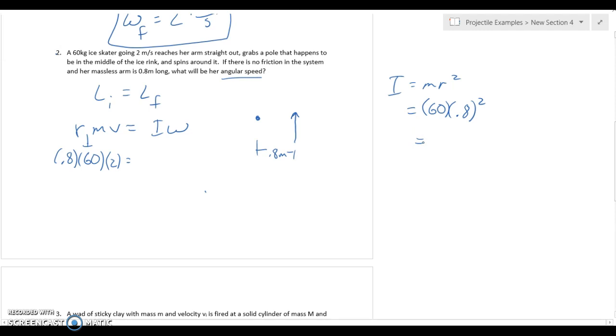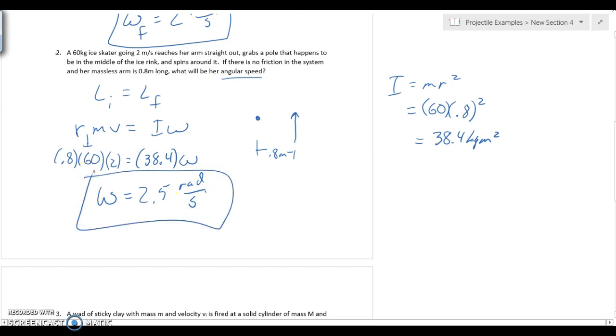That answer we get is 38.4 kilogram meters squared, and then that's times the angular velocity, which is what we're looking for. So we solve this equation for the angular speed, and we get 2.5 radians per second. And that's our final answer.